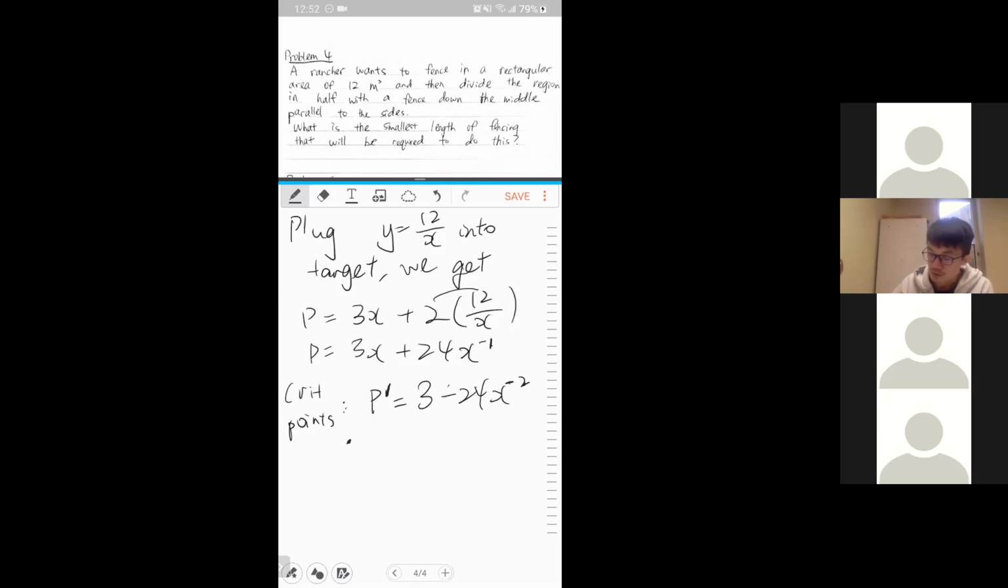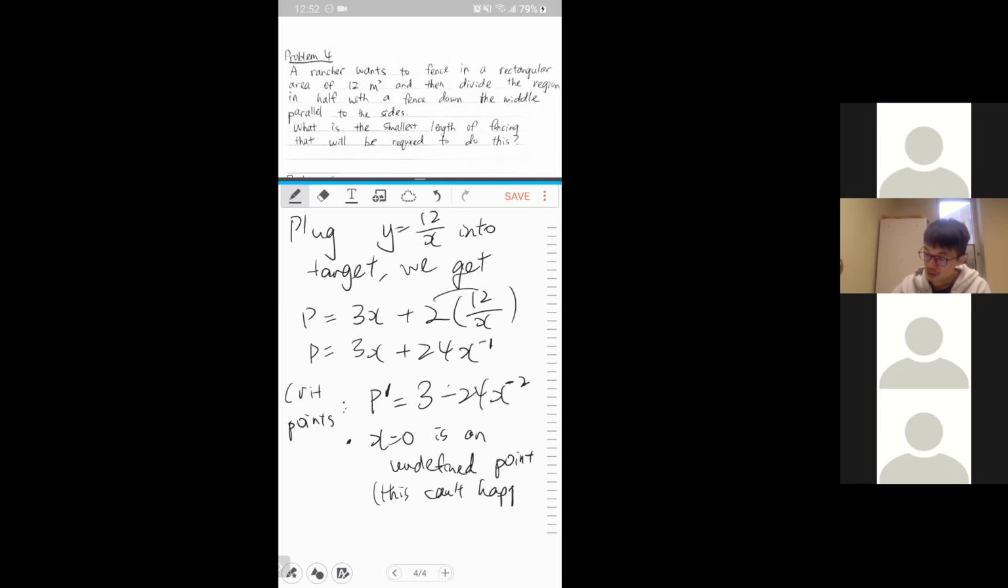Actually, x equals 0 is an undefined point. But do we care about that? Nope.